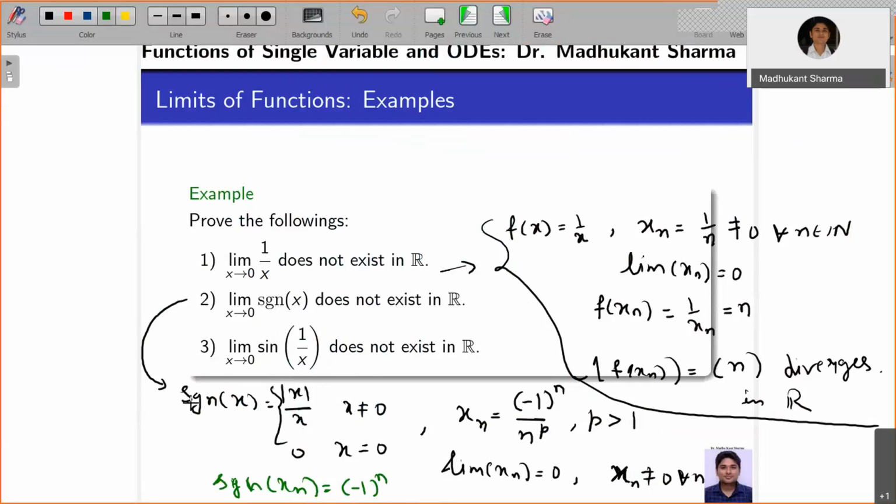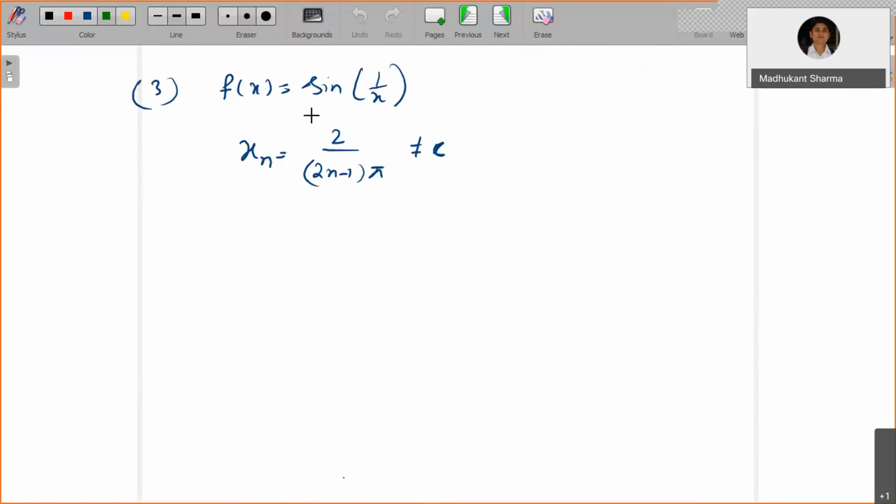So you try with that. We are creating xn equal to 2 by (2n minus 1) pi, so that 1 by xn is an odd multiple of pi by 2. Further, the limit of xn is 0.